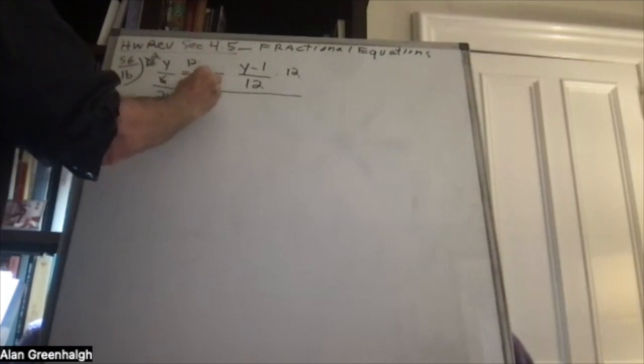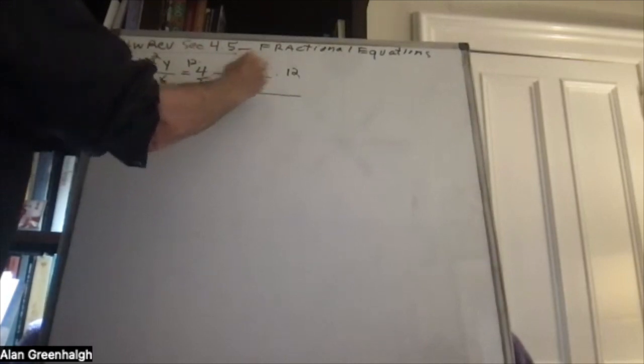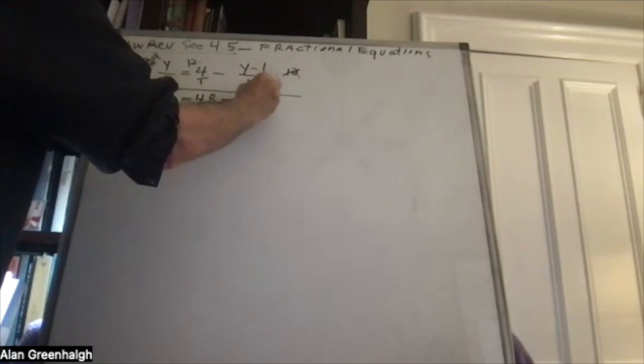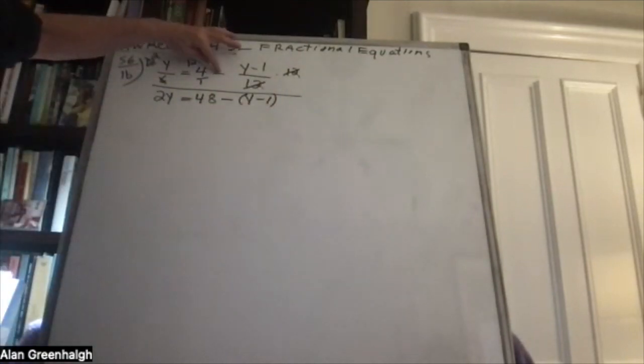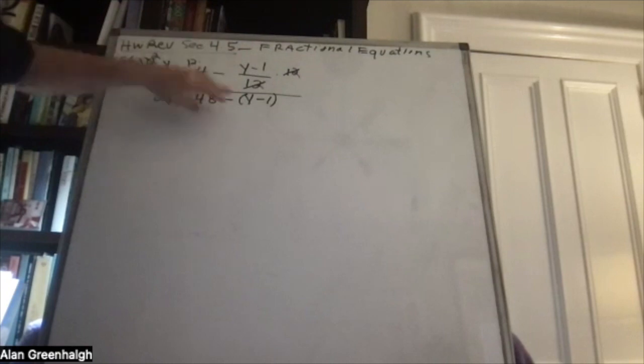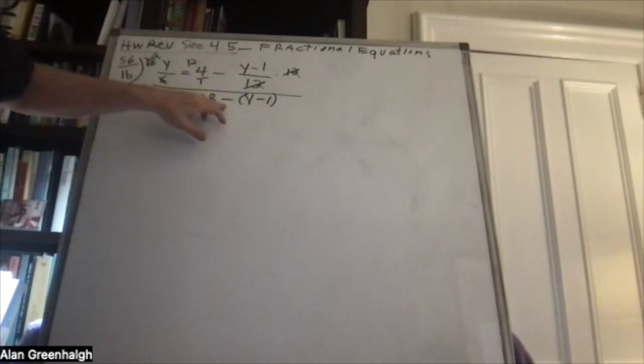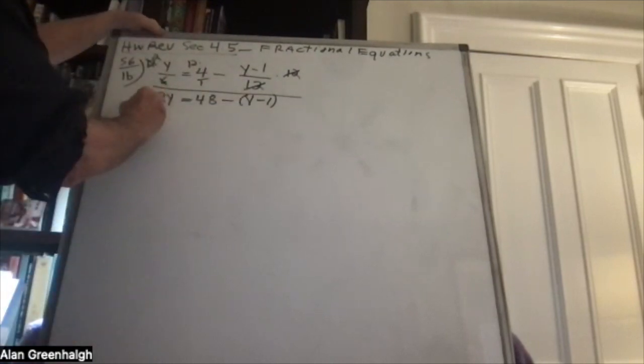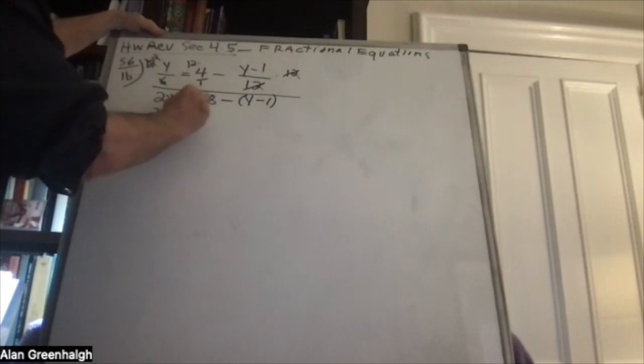2y equals 1 into 12 is 12 times 4 is 48 minus, now watch it. Watch it. You got to be careful with that minus sign there. So that's what I did to take care of that situation. And then we get 2y equals 48 minus y plus 1. Okay.